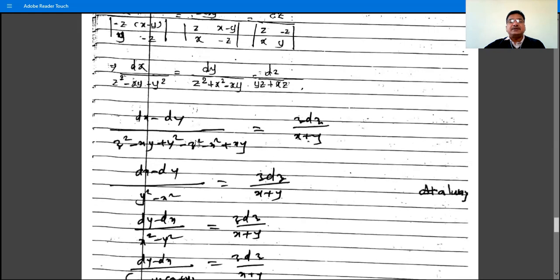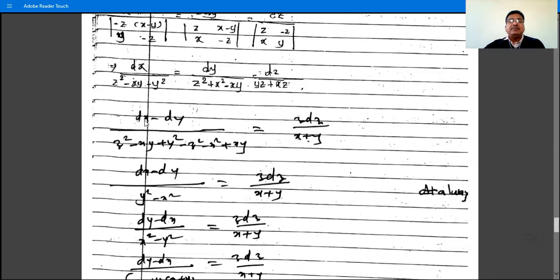Either use the first method or the second method, that is, consider any two ratios in which the third variable is absent, or the second method is what? Find multipliers L, M, N such that LP plus MQ plus NR is equal to 0. If the second method fails, then apply the sub-method of the second method.